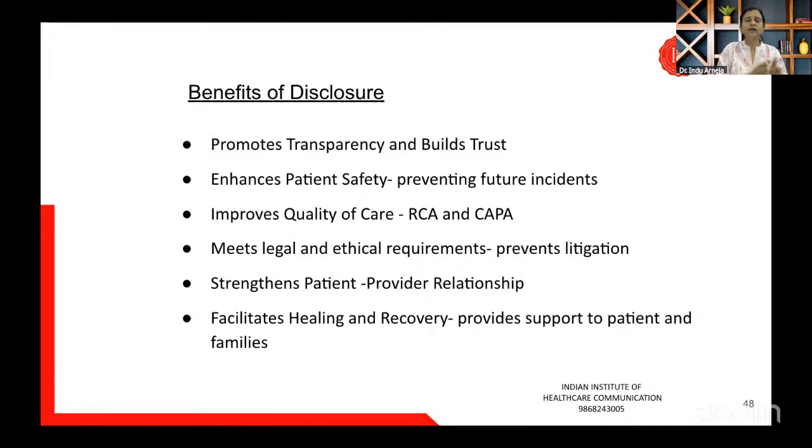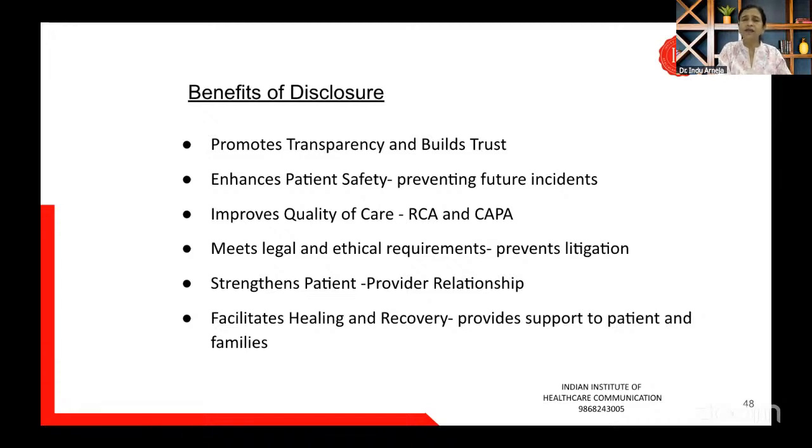So, for example, an error has happened. If the patient does not know, the patient may not take the precautions or the care the patient is supposed to take. As a result, there may be a compromised outcome. On the other hand, if you have explained that by mistake you have given a double dose of a sedative, let's take an example, the patient will feel drowsy and can get injured by falling, or if they drive, they can meet with an accident.